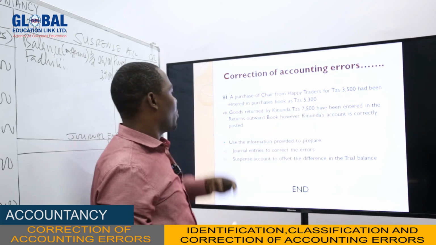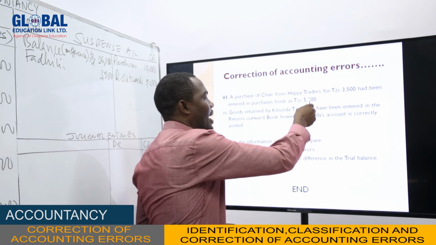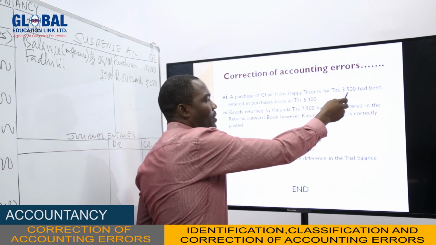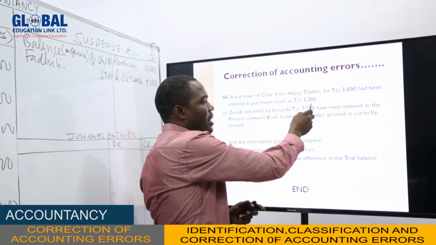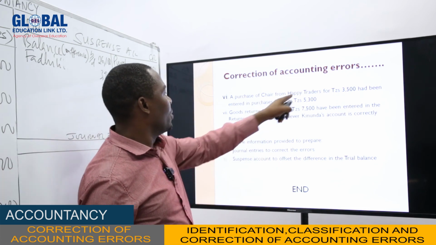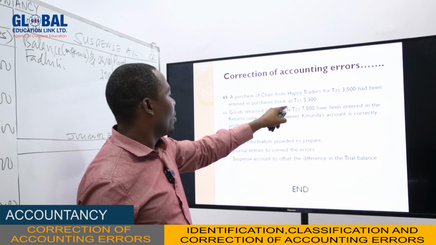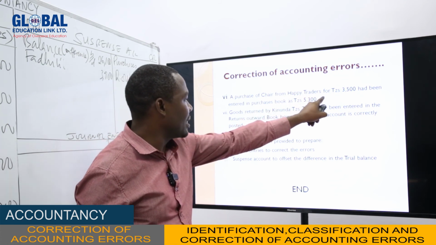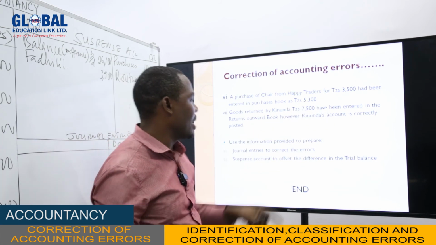The furniture account is debited with the actual figure, that is 3,500, and the difference will be 1,800. This has to be deducted in Happy Traders, because if it was entered in the purchases account, we also recognized Happy Traders as our creditor for the same amount, that is 5,300.